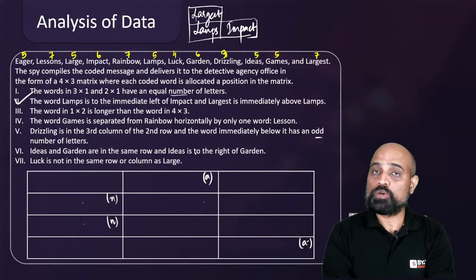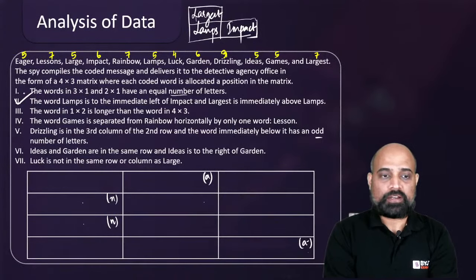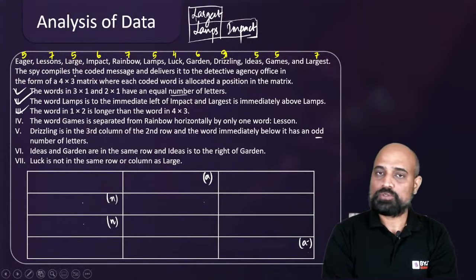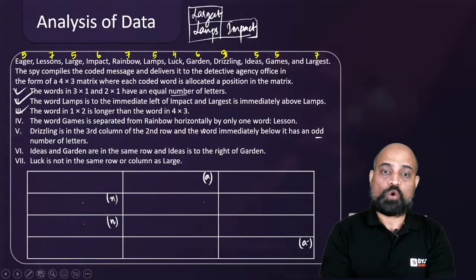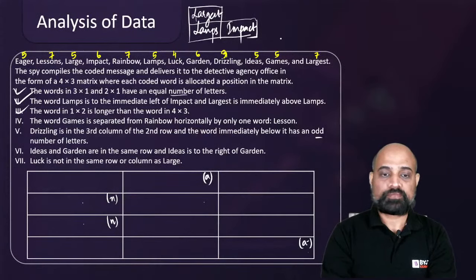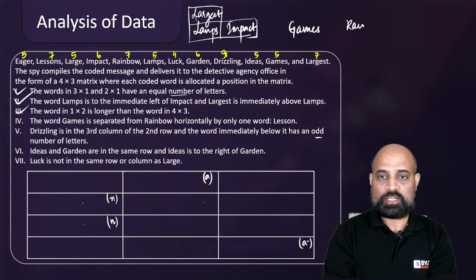Still, we don't know what to do, but we have placed something on these three. The word games is separated from rainbow horizontally by only one word, lesson, right? So next is games and rainbow. They are separated by the word lesson. So we have lesson and then we have rainbow.